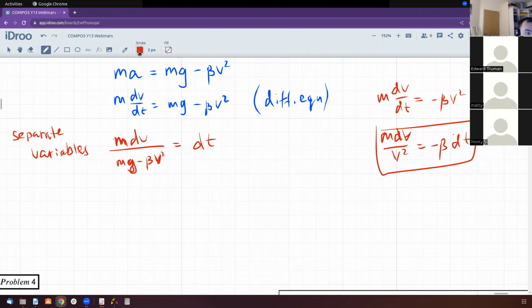So it's going to be m dv over minus beta times (v squared minus mg over beta) equals dt.